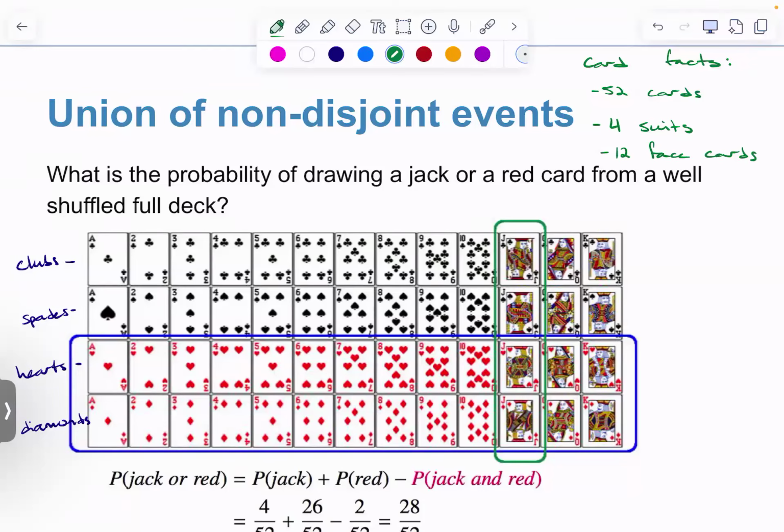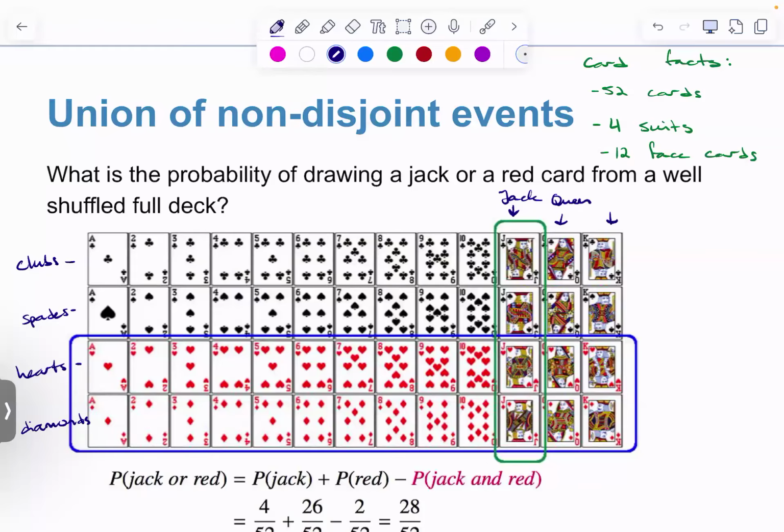What else do we need to know about? That's probably it in terms of the numbers and things like that. Oh, and then these are jacks. Jack, queen, king.